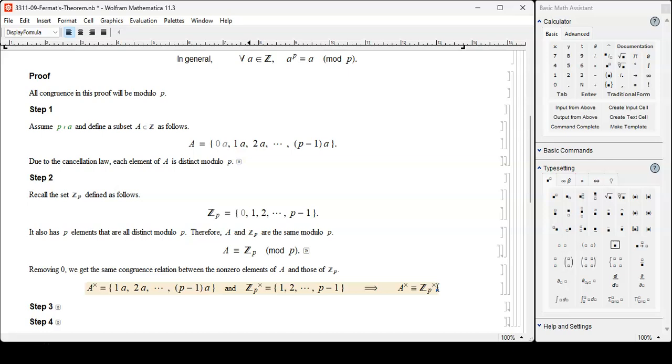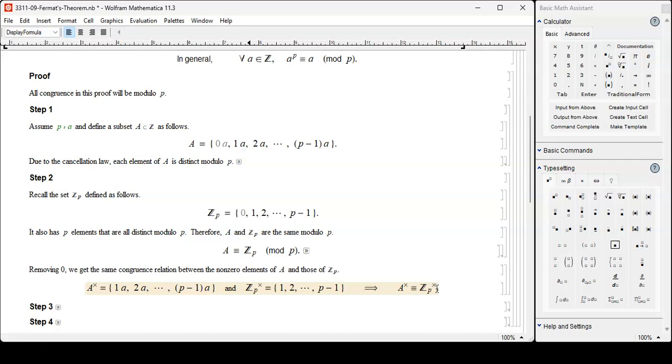They must be congruent. Among those, 0 and 0a are congruent, so those are out. The rest will be congruent to these. As for the order, they must be all jumbled up, but that's okay.